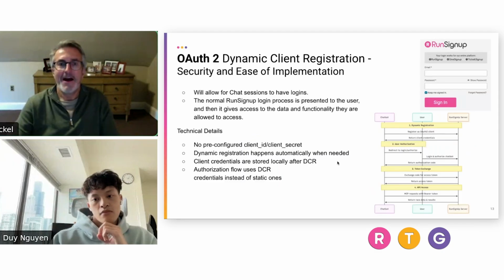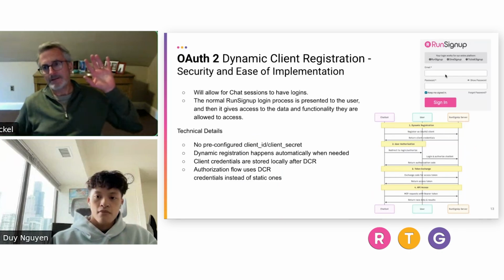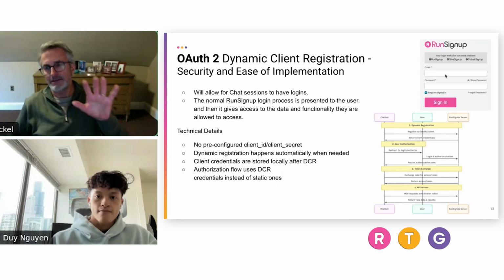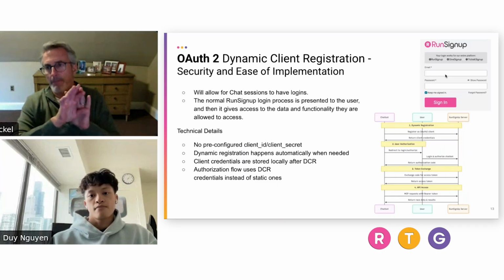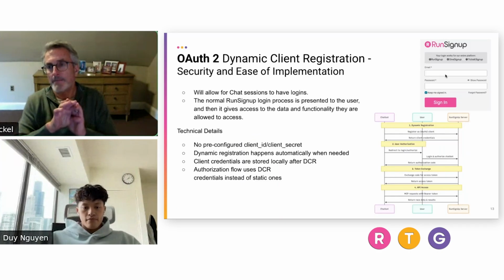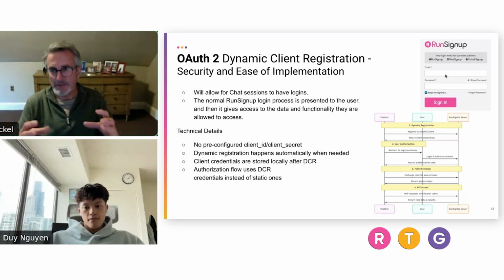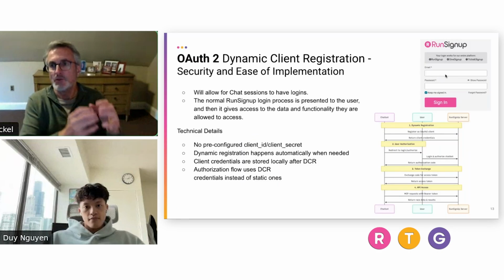So OAuth 2 dynamic client registration, that DCR, it's something you guys will never really have to worry about. Basically, it just puts up a login box. So the idea is that you're sitting in ChatGPT someday and you're going to want to get to data that's in your race dashboard. RunSignup's going to pop up basically a login to RunSignup. You'll log into RunSignup and your ChatGPT session will have access to your data.